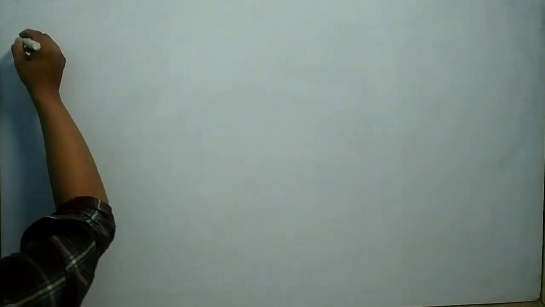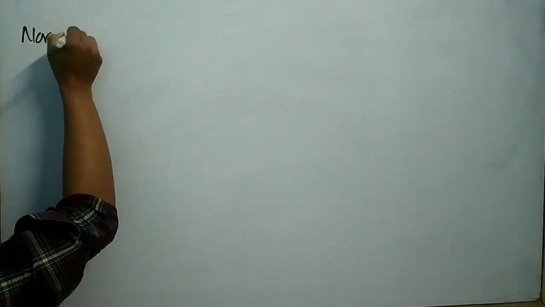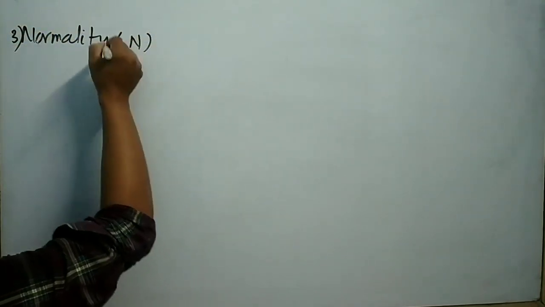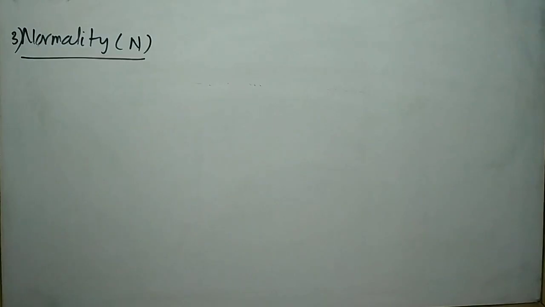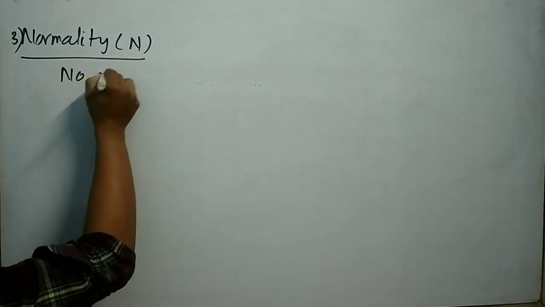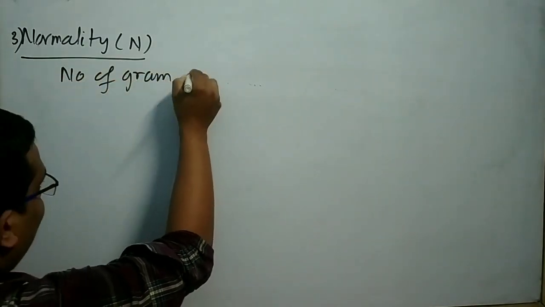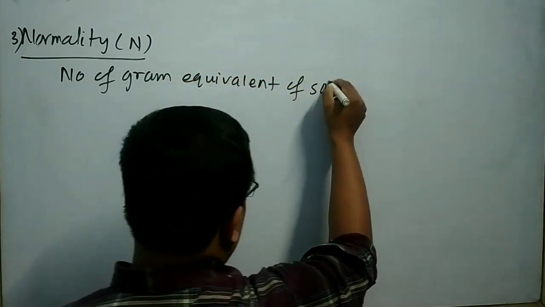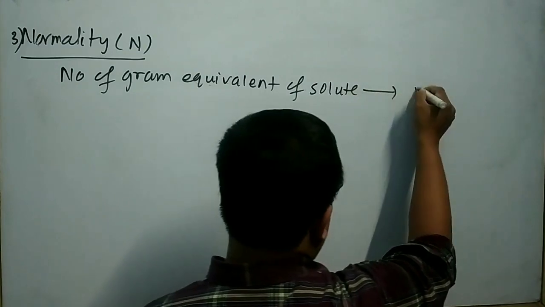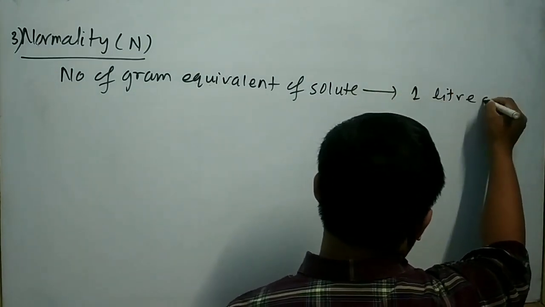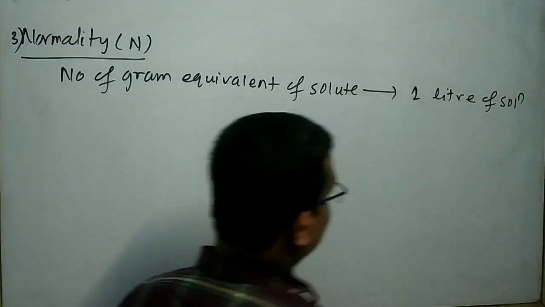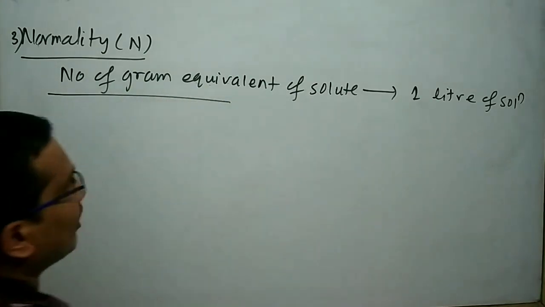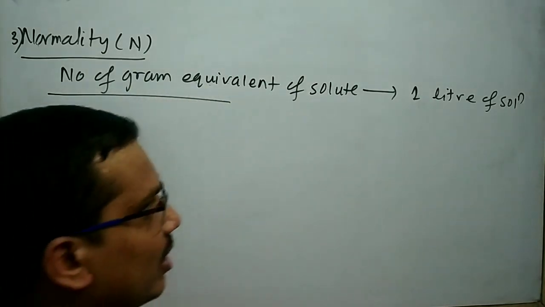Next I will explain normality, which is symbolized as capital N. Normality means the number of gram equivalent of solute present in 1 liter of solution. That means how many gram equivalents of solute are present in 1 liter of solution.